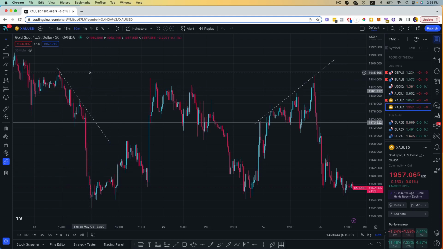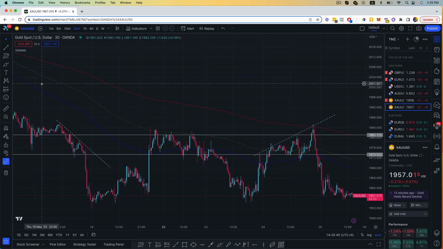And for dynamic support and resistance, for example, if we just add this indicator here, which I normally don't use because we have our own, but I added it here just to give you an example. You can see that this moving average here is acting as a resistance, right? And then right here we have resistance turn support.